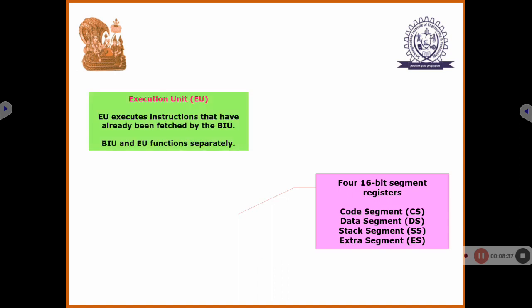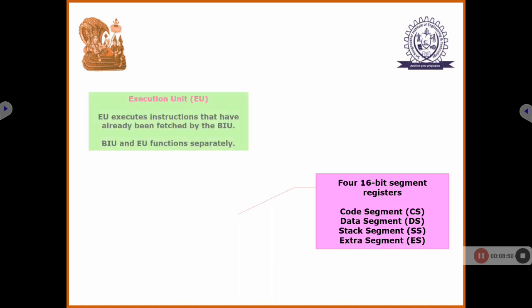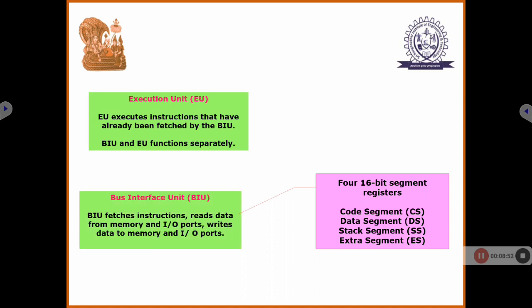So what is the main function of the execution unit? It executes the instructions fetched by the BIU, the bus interface unit. The function of the bus interface unit is to fetch instructions.